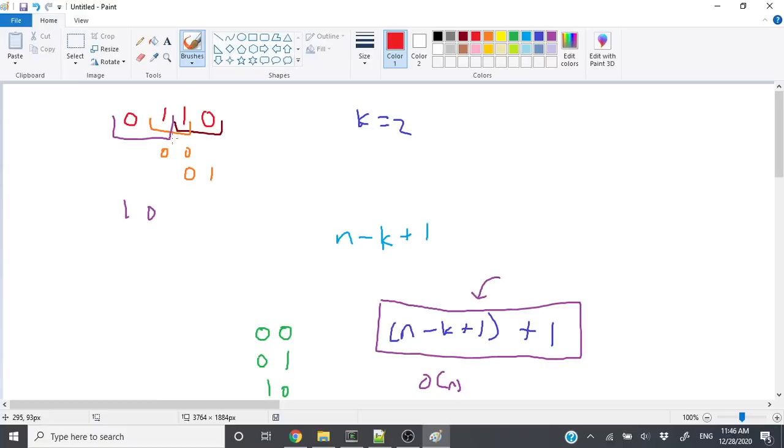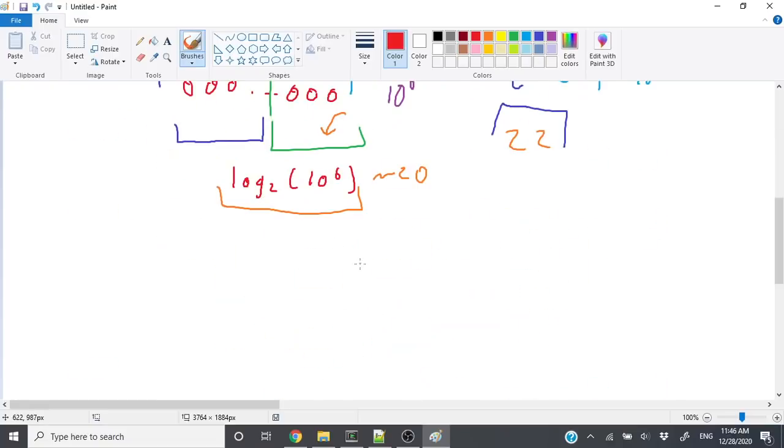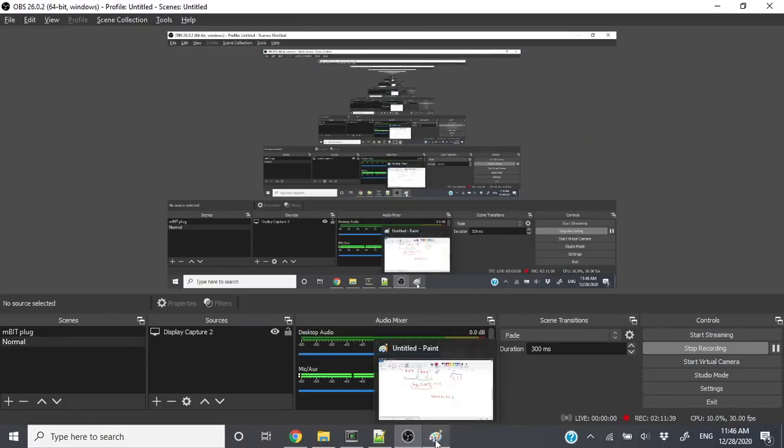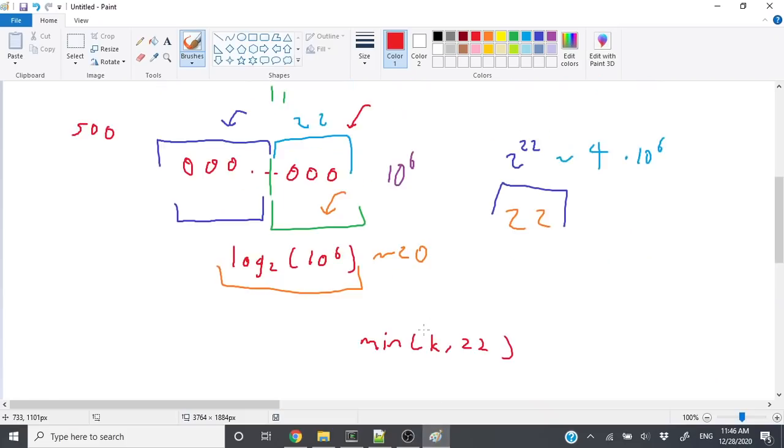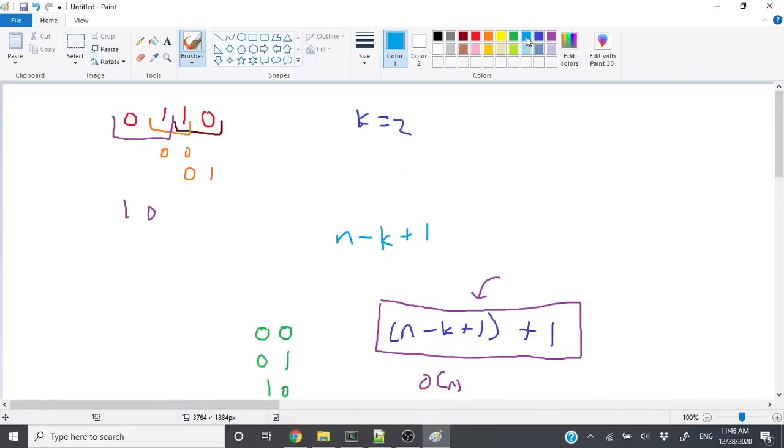And therefore, for every substring of length k, we only really care about the last minimum of k and 22 bits, because k might be tiny, in which case we don't have that many strings that we could check. So the idea is we only need to care about that many bits.